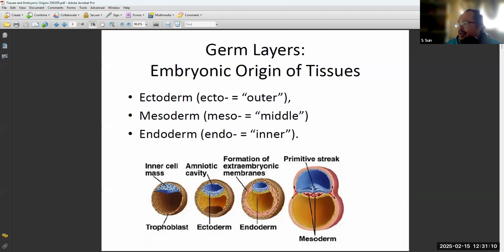So that's the three layers. This is ectoderm, mesoderm, endoderm. All right. So from the three layers, we are going to grow into the body.